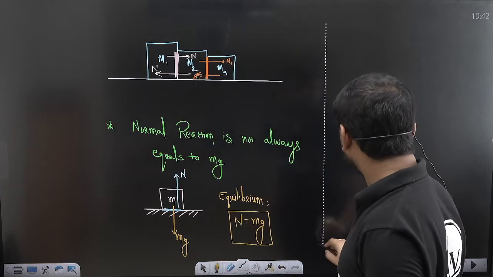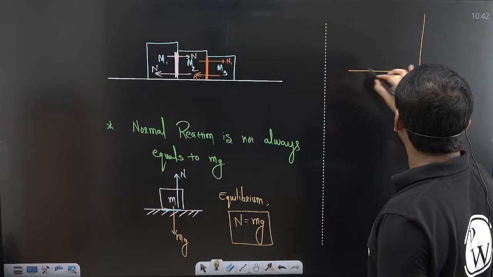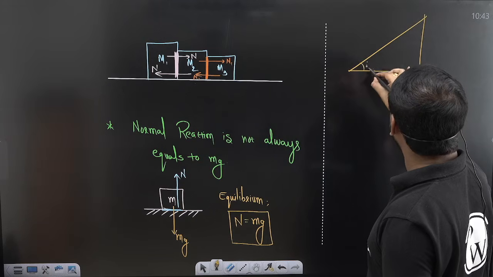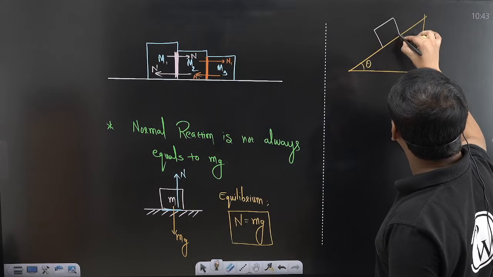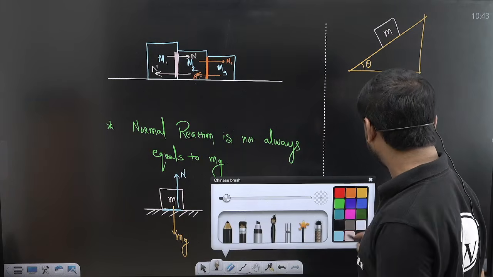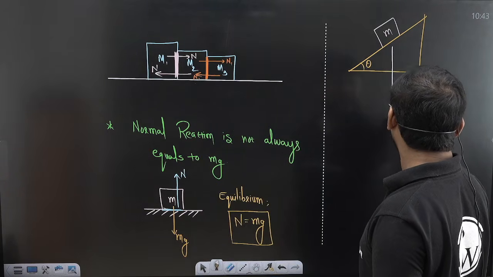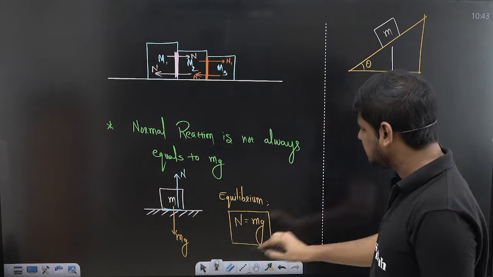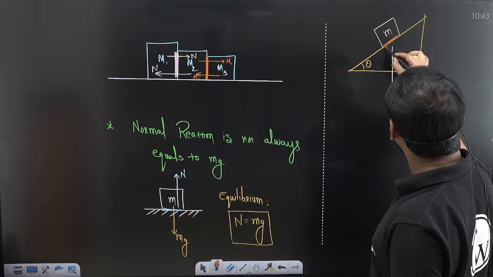consider one more scenario. Let's suppose this is an inclined plane. This is angle theta, and consider here we have a block of mass m. Then see here, its weight acts downward, mg. Now the point of contact is here.